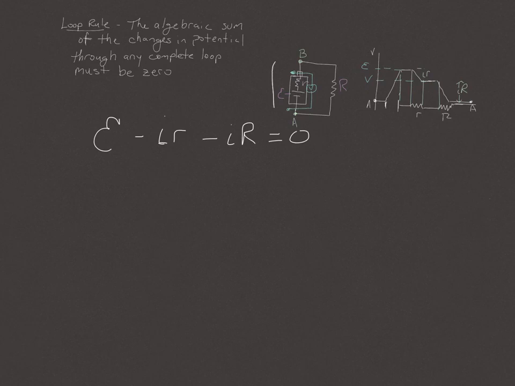That's just moving through the circuit this way as our loop. We can see the I can be factored out, and here you'll have the sum of the two resistors, and this is the equivalent resistance for series resistors.